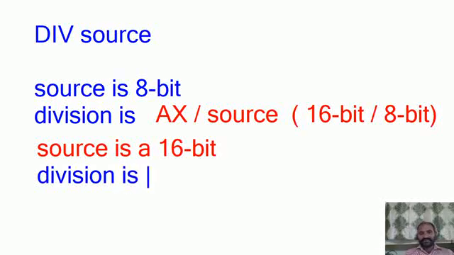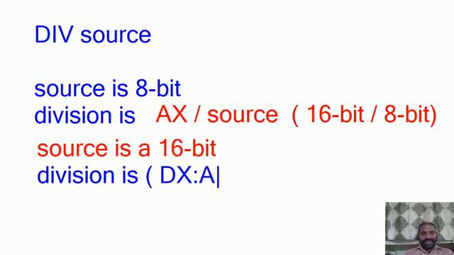It is going to perform the 32-bit number by the 16-bit number. That 32-bit number is DX colon AX, in brackets to differentiate that.